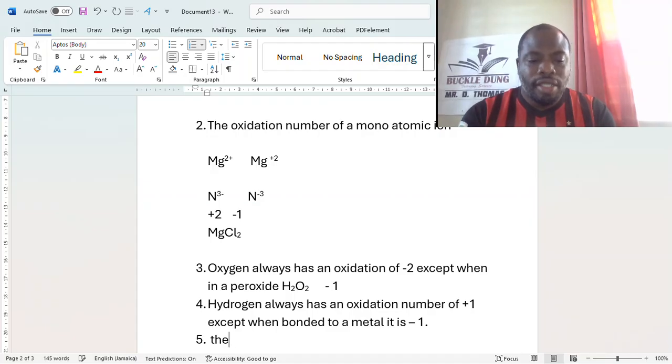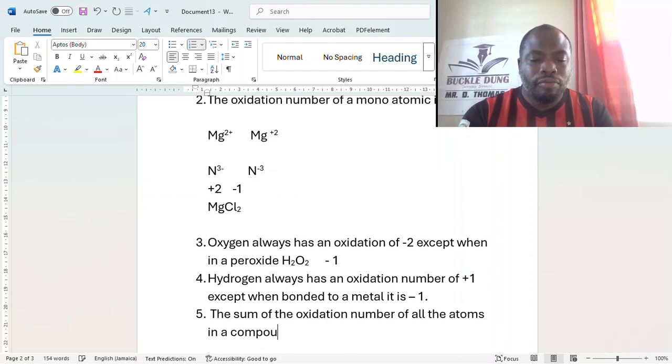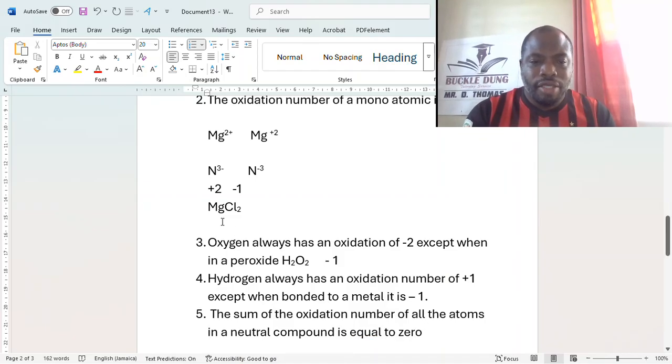Next rule, the sum of the oxidation numbers of all the atoms in a compound, let me say a neutral compound, is equal to 0. And we can use the same concept with the magnesium chloride.